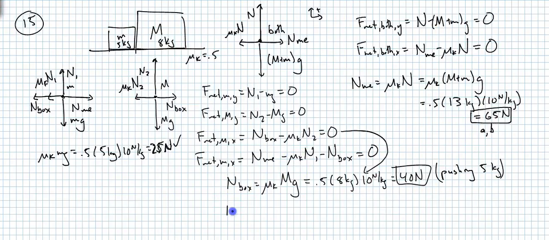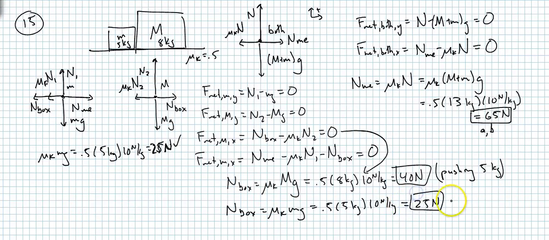So if I use that symmetry, this would end up being little mg, because little m would be the one that's in front. So 5 kilograms, 10 newtons per kilogram, and that'll be 25 newtons. So that's if I'm pushing the 8 kilogram box.